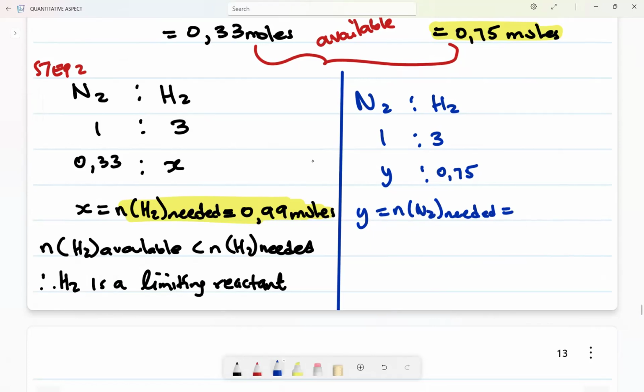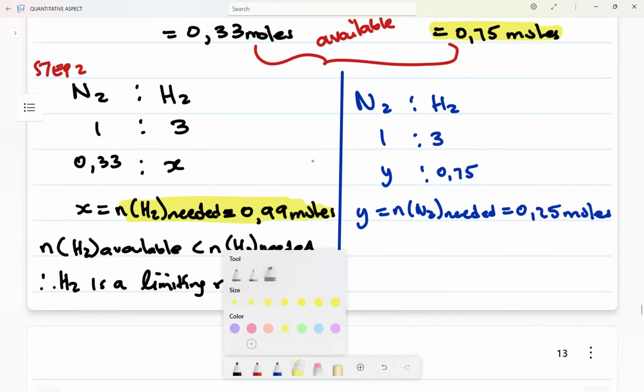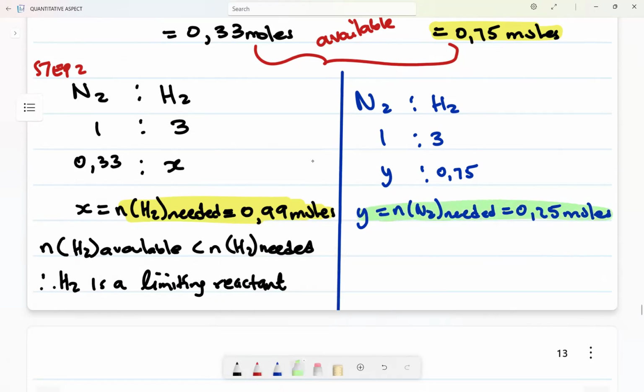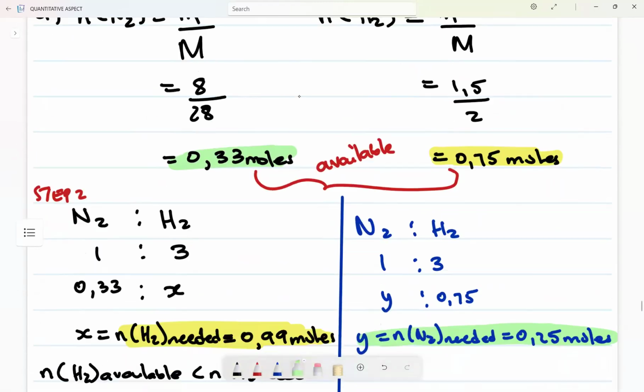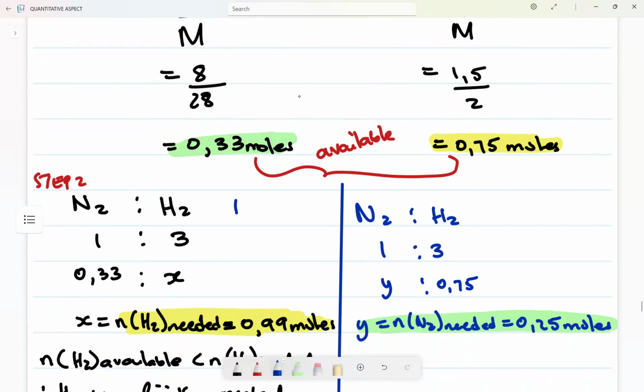I get something like 0.25 moles. But now, in actual fact, if this much of N2 is needed, is N2 having enough? Yes, N2 has 0.33, which is enough. So it's the same as having 3 rand and they want 250 cents from you, so you have enough, right?